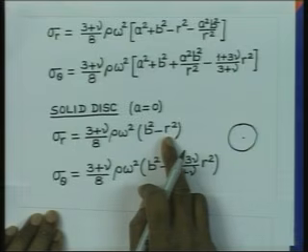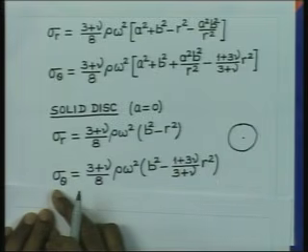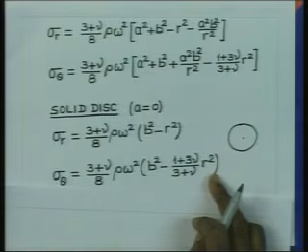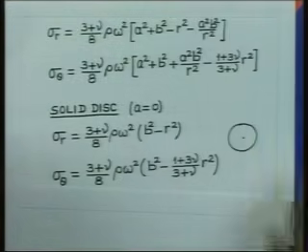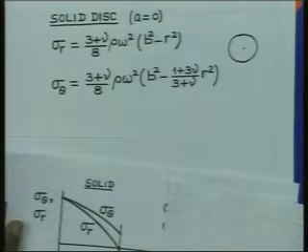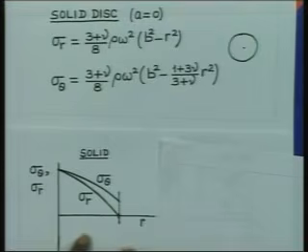So, it is a negative slope, and as r increases, the slope increases. Similarly, d sigma theta dr is going to be proportional to r, and it is again negative. So, this slope will gradually increase in value. So, you can now see the variation of stresses in the case of solid disk. It is going to be a variation of this type.